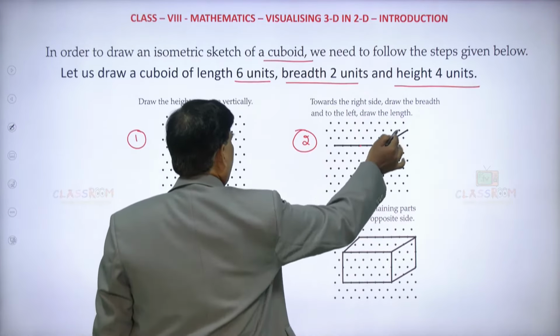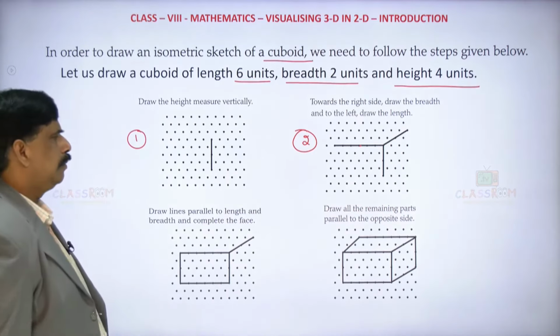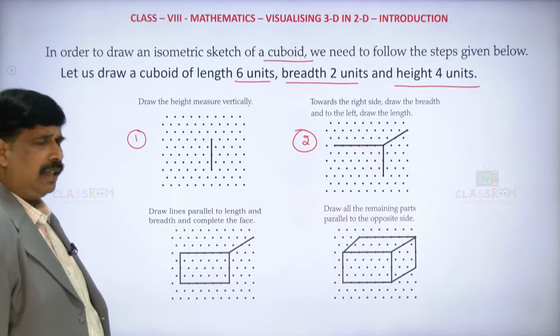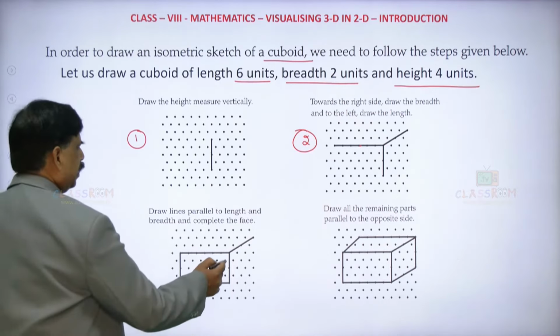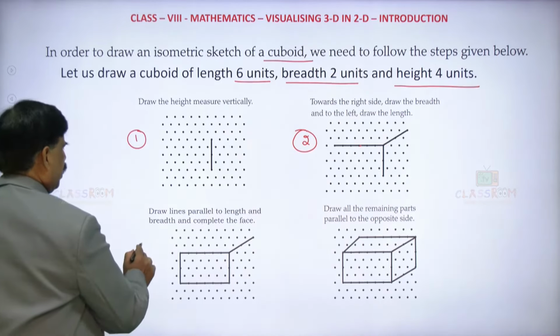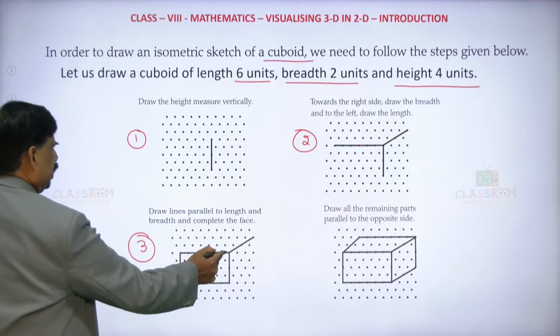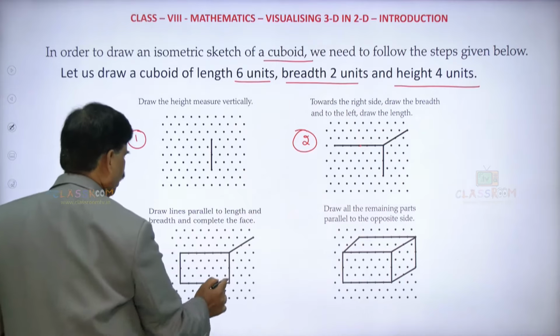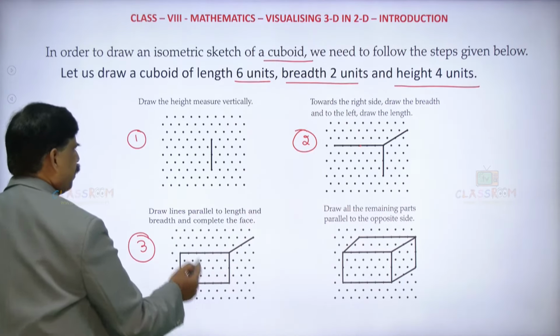And in this way, again 2 units. Is it clear? Understood? And now, the third step, what we are doing here, see, we are just drawing the parallel lines to the length. See, this is what the earlier diagram. Now we have completed the parallel line to this.